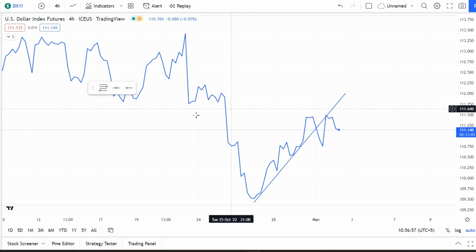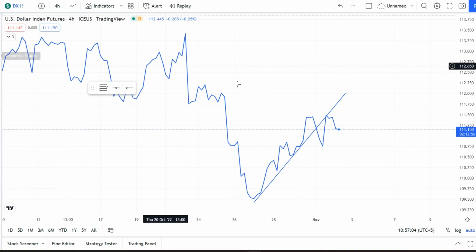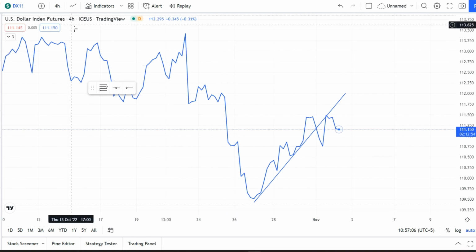According to the line chart, what is it telling us? The line chart is very clear. If you open the candle chart, that was confusing you, it was not giving you the exact picture of whether the market is going upside or downside.